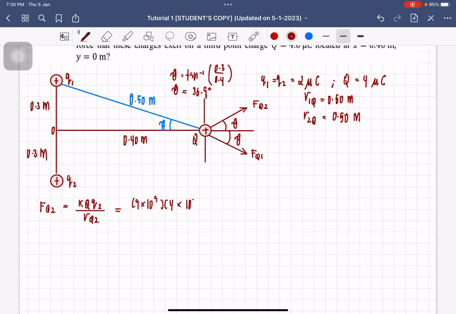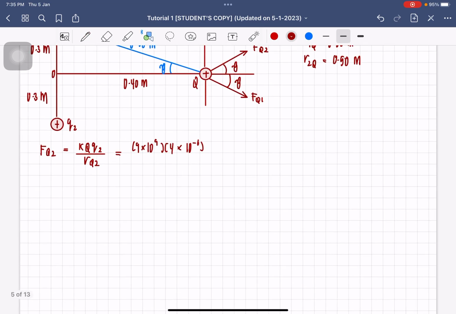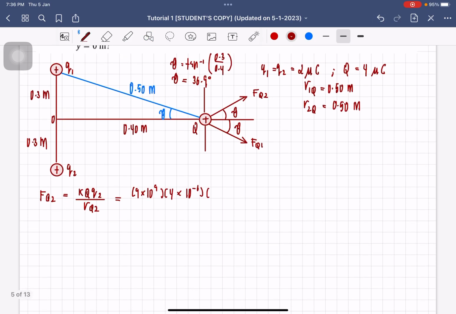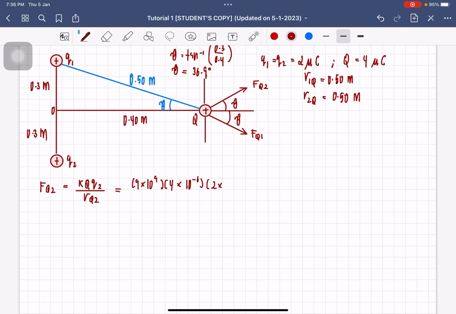So just take the magnitude. Q2 is 2 micro. Oh, I forgot the square here, 0.5 squared. So this here will be equal to 0.288 Newton.